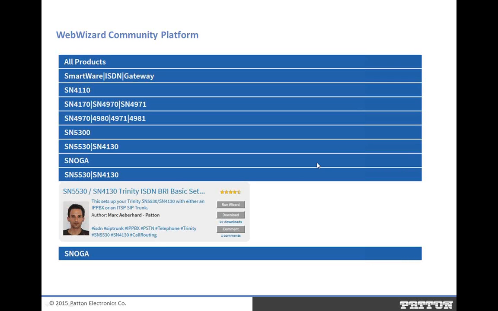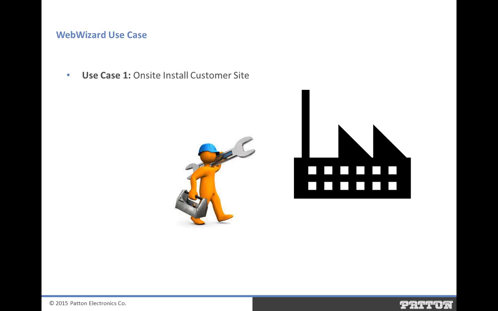Yeah, absolutely. By explaining the two functions we have here, Run Wizard and Download Wizard, I want to start by taking a use case as a reference. Use case number one is when you go on site to a customer doing the install.